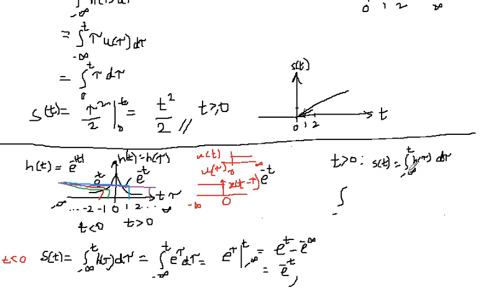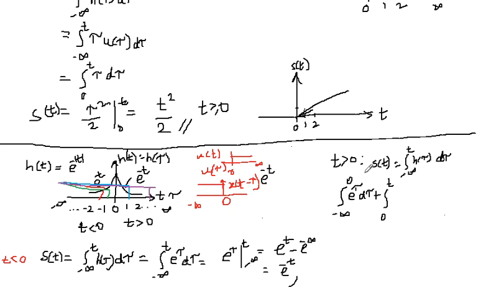So we could have taken a single integration if the values were the same, but we know that from minus infinity to 0, the value of our signal h of tau is e raised to tau, so it is e raised to tau d tau, and from 0 to t, its value would be e raised to minus tau.